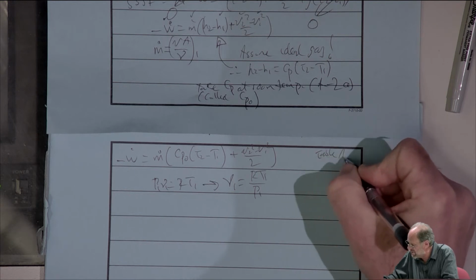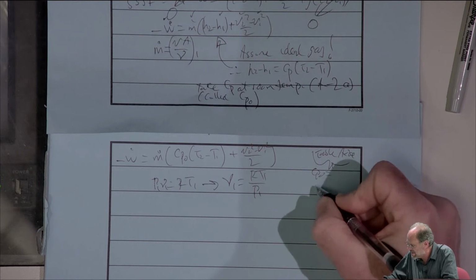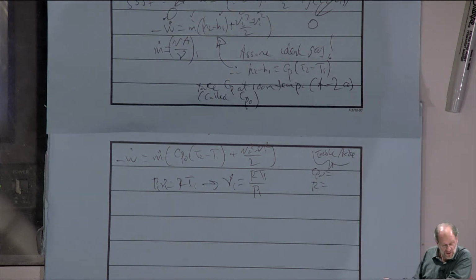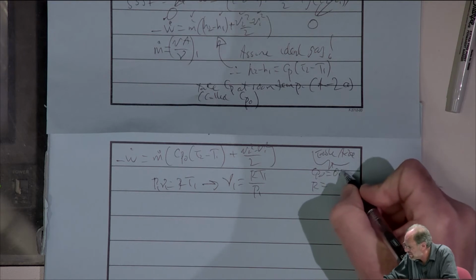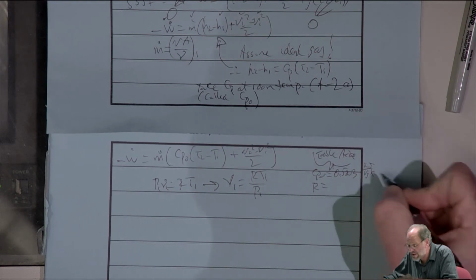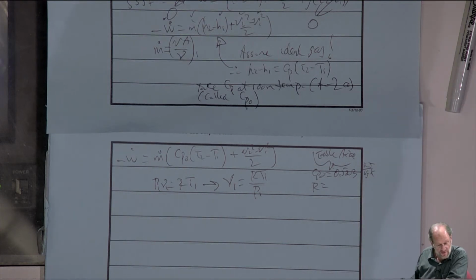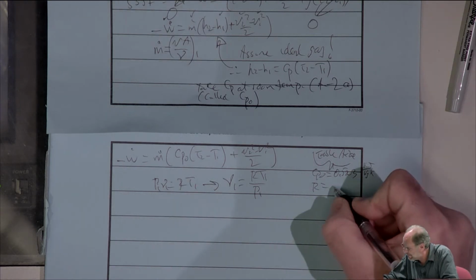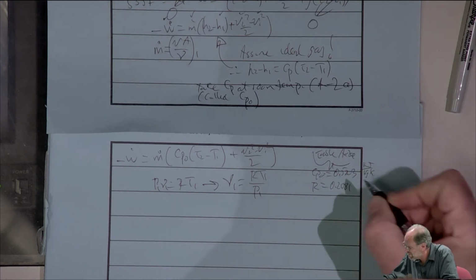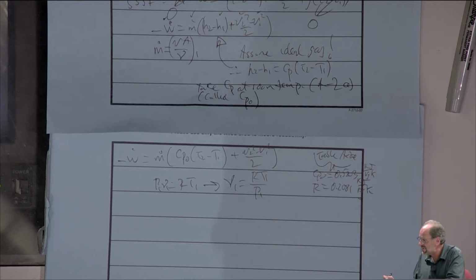So for table A2A, we have Cp0, and that's equal to 0.5203 kilojoules per kilogram per Kelvin, and the gas constant R is 0.208, the same units, kilojoules per kilogram per Kelvin.